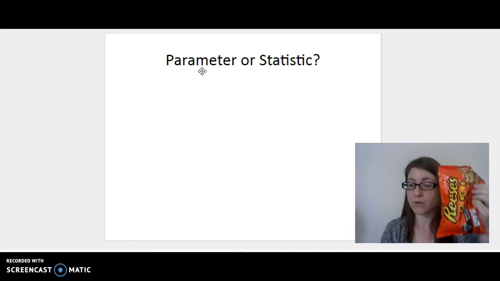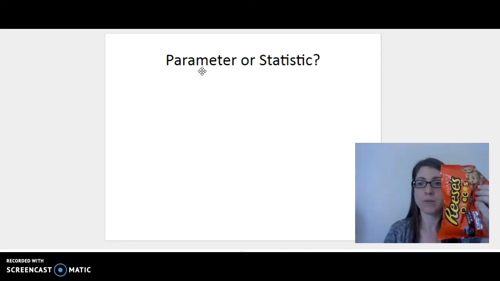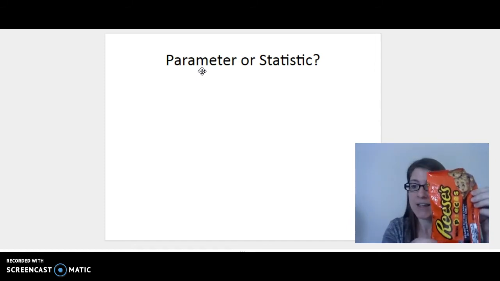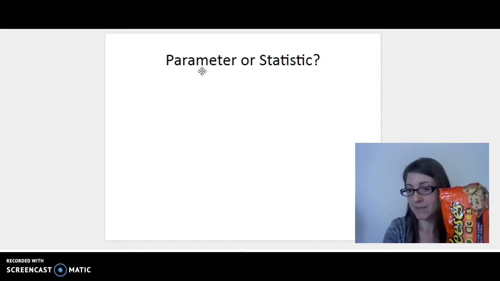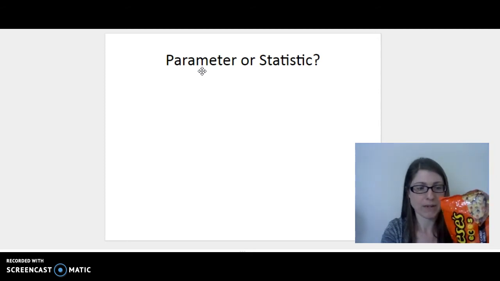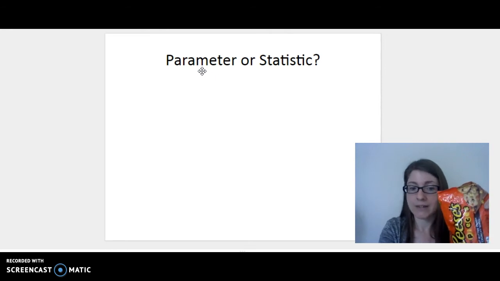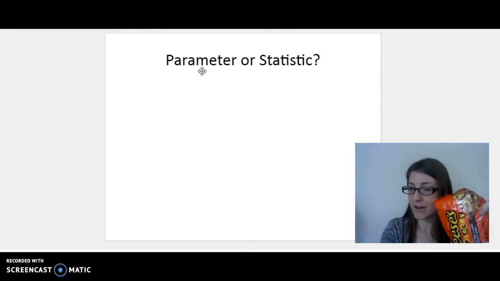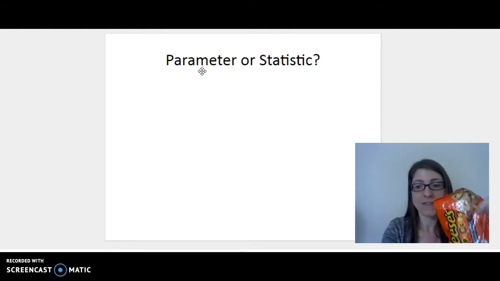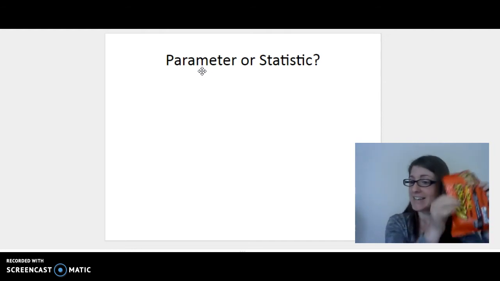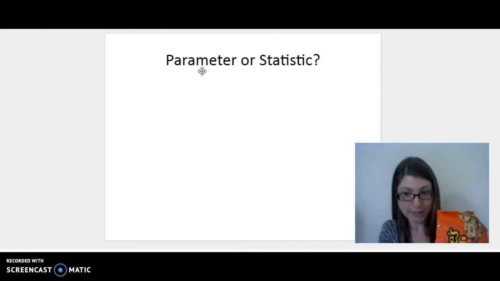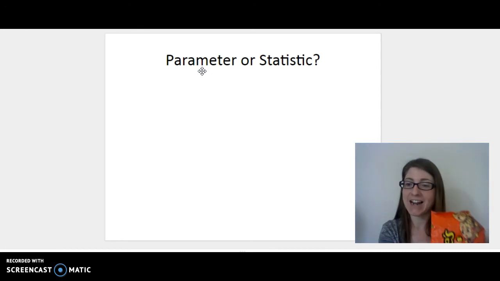But when we think about the parameter, if I wanted to know the true percent of yellow Reese's Pieces in this bag, I would have to dump the whole bag. So let's consider that scenario for a minute. If I dumped the whole bag and I wanted to figure out the percentage, I would be doing a lot of counting, right? Not necessarily a lot of fun, and it would be very time consuming. But if I asked you to take the exact same bag and do the same procedure, if we can count, you should get the same thing and I should get the same thing.